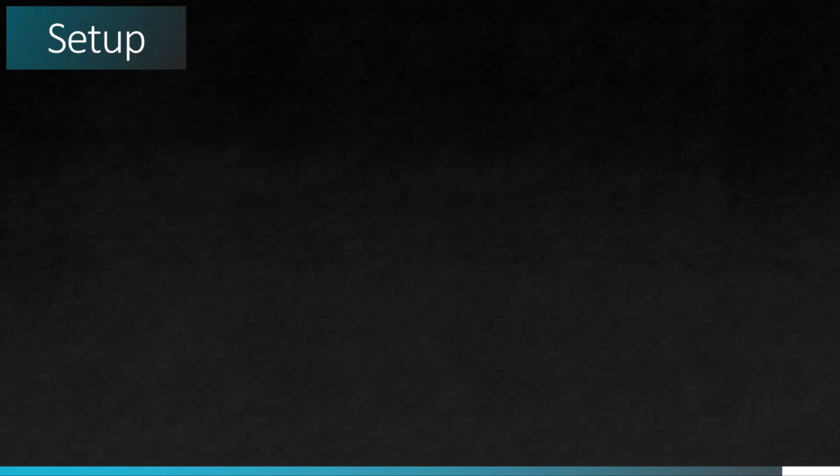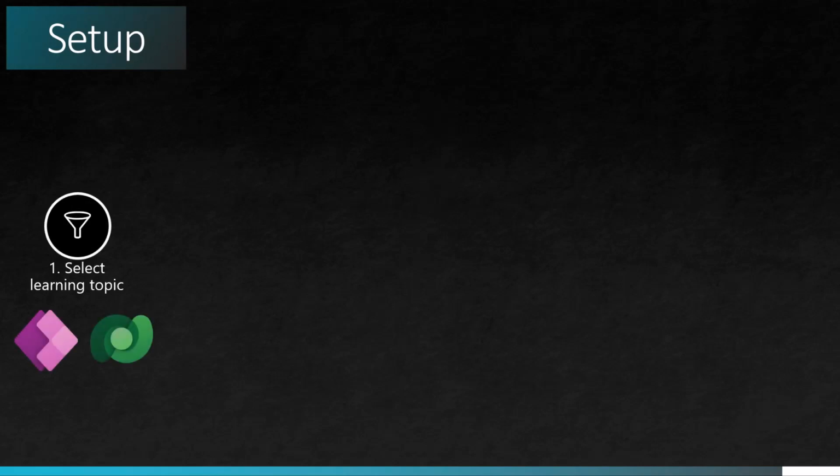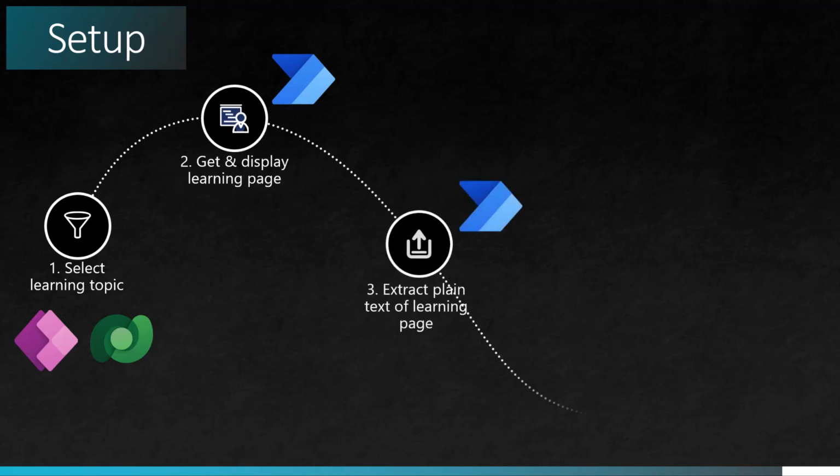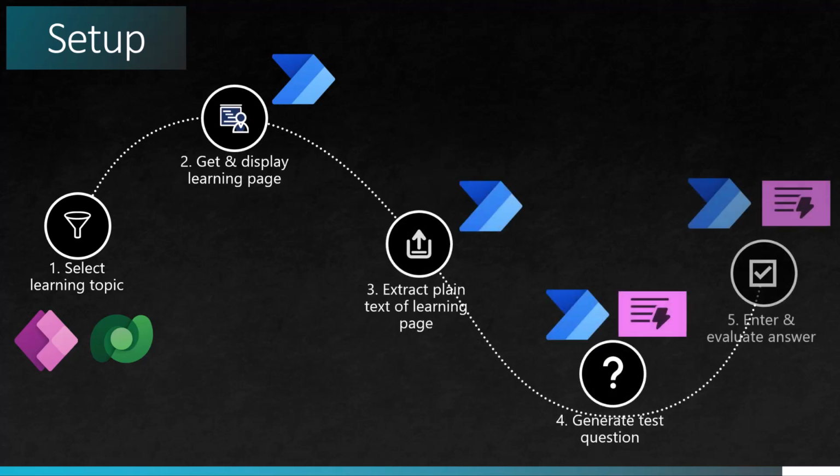So we started with selecting the topic. For example, biology, physics, history, whatever you want. And then we displayed the learning page so that the student can really learn. We extracted the plain text of this Wikipedia page. Why? Because later on I use prompts, AI prompts, to generate the answer and evaluate the answer.